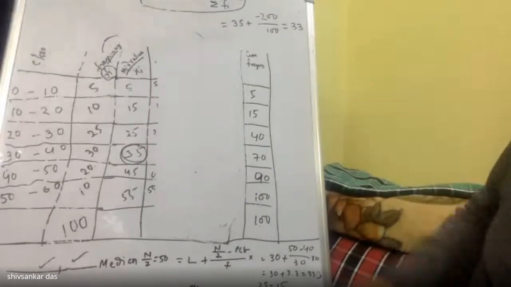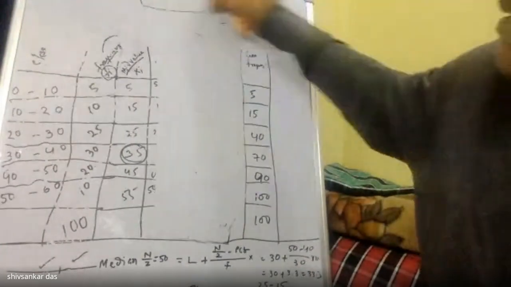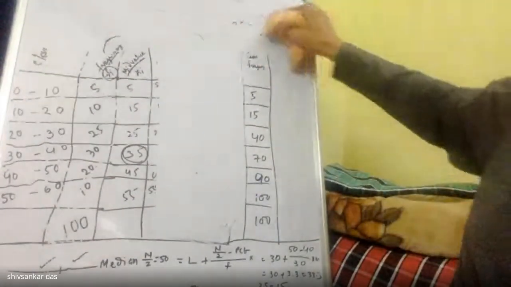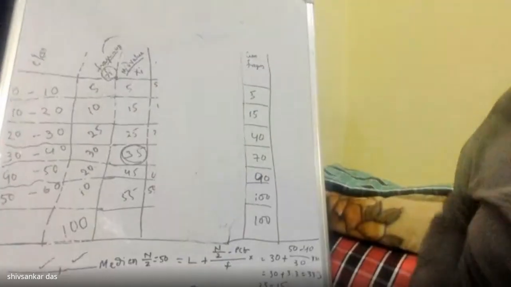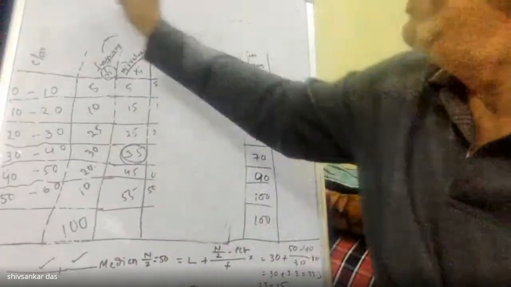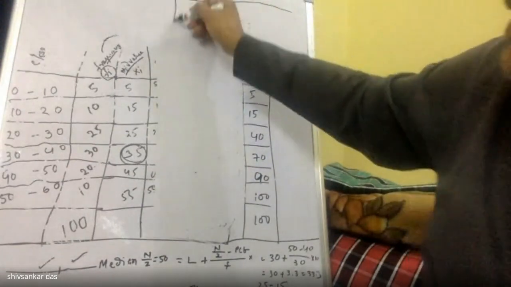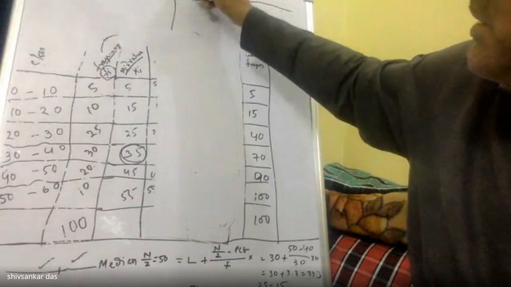I want to calculate the median. What is median? Median is nothing but this: when a distribution is equally divided, that is the median.